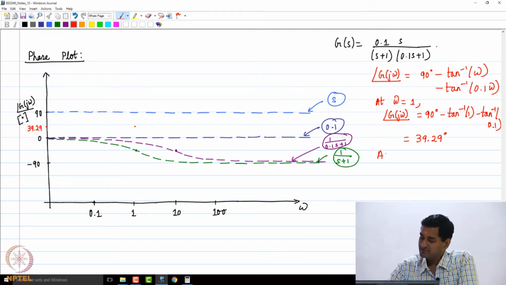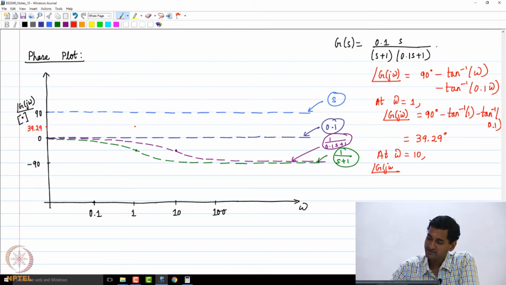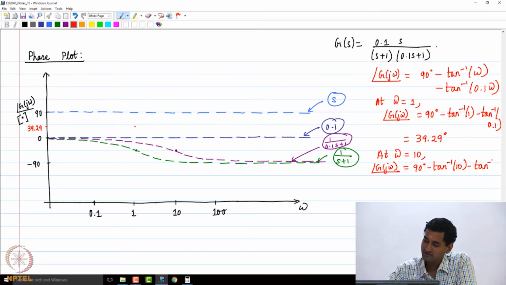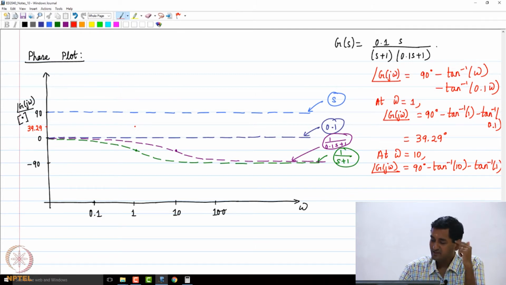Now, at omega equals 10, what do we get? The phase of g of j omega is going to be equal to 90 degrees minus tan inverse of 10 minus tan inverse of 1, right. That is what we will have. So, tan inverse of 1, the third term now is 45 degrees. What is tan inverse of 10?